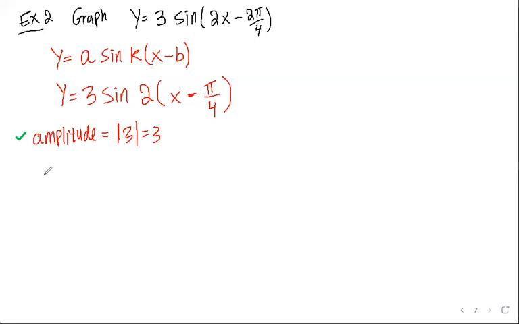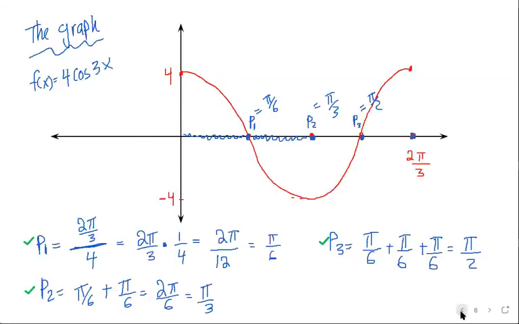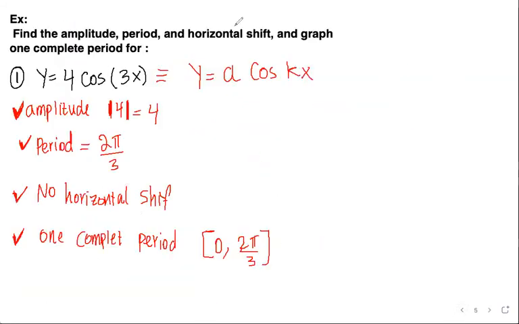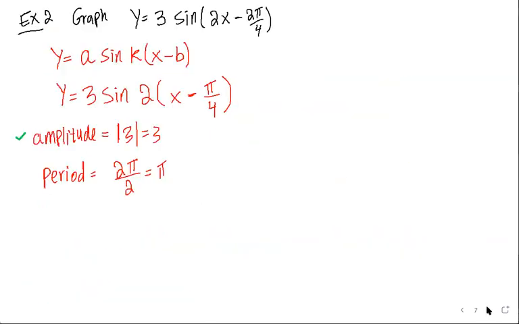For the period, it's just pi. 2 pi over 2 is pi, exactly. And the third one is the horizontal shift. Here we have a horizontal shift. So this graph is shifted to the right or to the left.